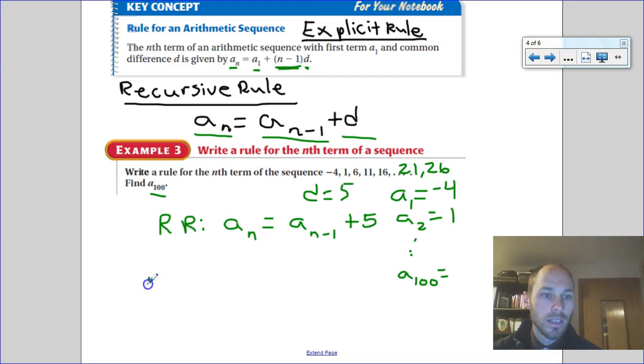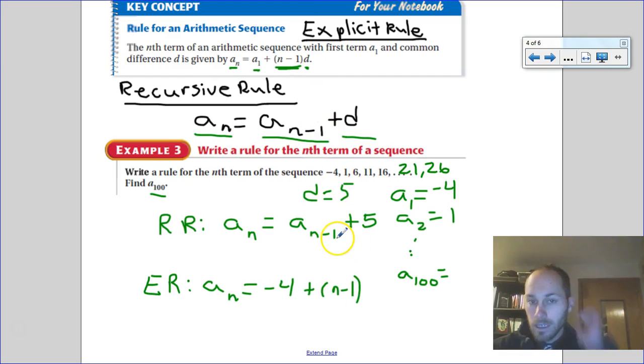Okay, so let's take a look at the explicit rule. How do we write that one? For the explicit rule, we take a sub n, the nth term, is equal to a sub 1, the first term, which was -4, plus n minus 1, because I'll add my common difference that many times, times d, and my common difference is 5.